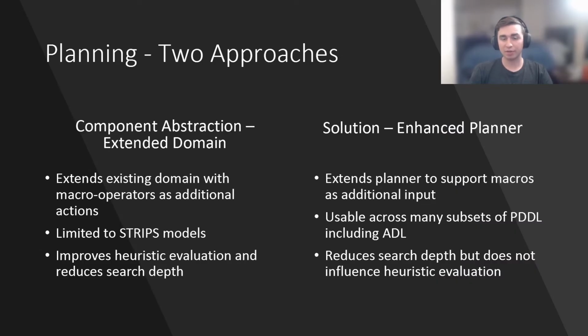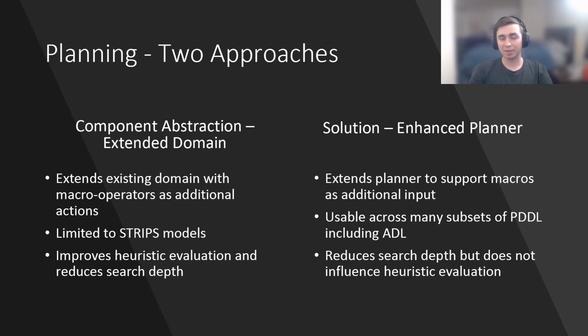The planning paper offers two different approaches on how to generate these macro operators. One approach is component abstraction, which extends the domain. This is done by generating abstract components, as we'll go into later, and using these abstract components to follow generation rules and create macro operators that are inserted directly into the domain as actions.